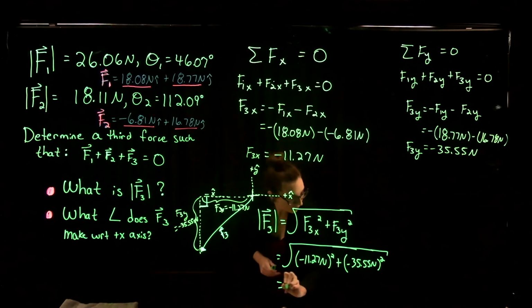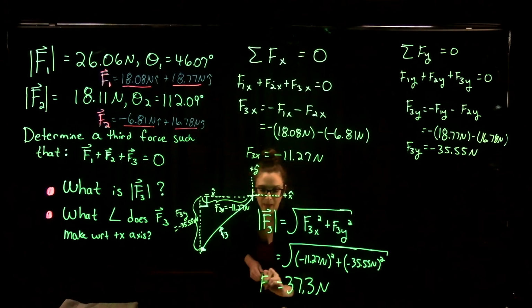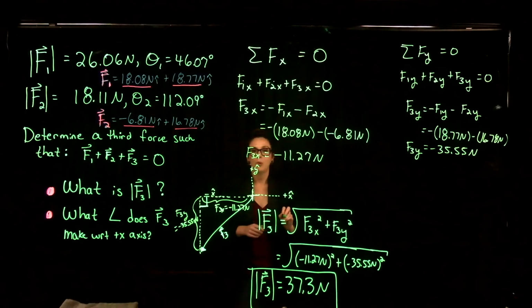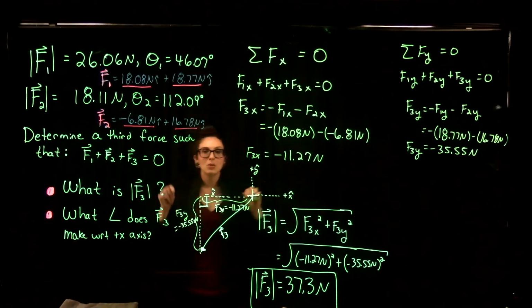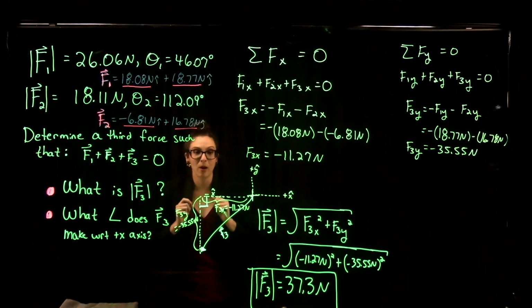And that answer turns out to be 37.3 newtons. So the magnitude of this vector, its size, is 37.3 newtons. But the magnitude is only one part of the vector.